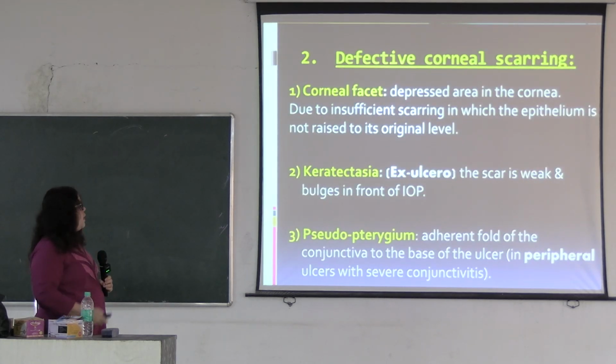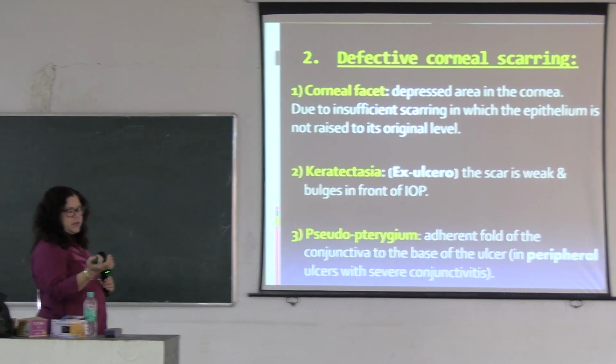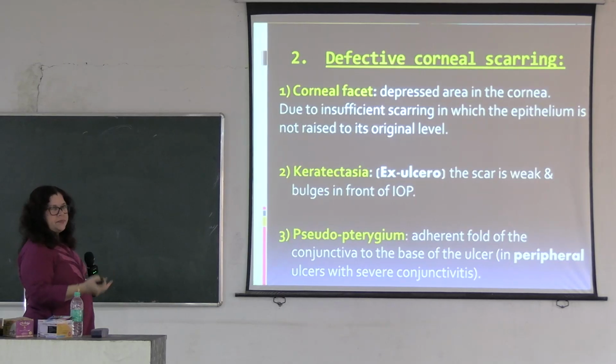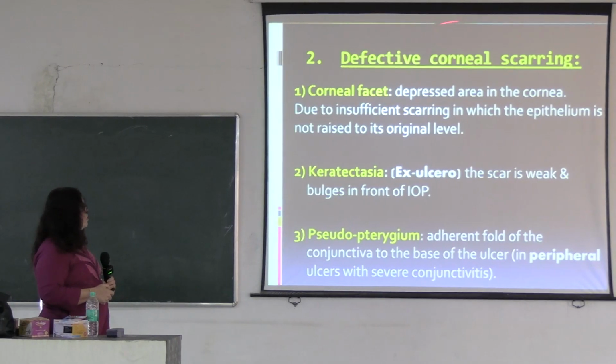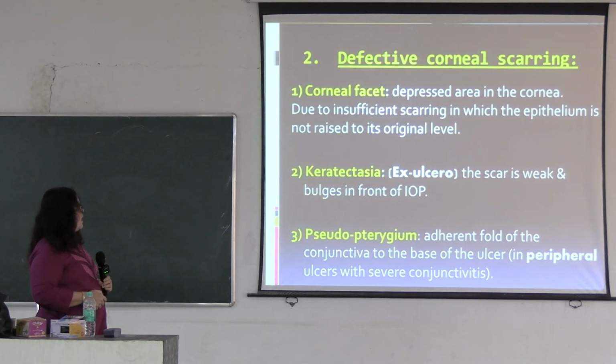Then defective corneal scarring. Defective corneal scarring is due to the level of layer of the cornea involved. First it forms the corneal facet. There is a depression, saucer shaped, like a plate.